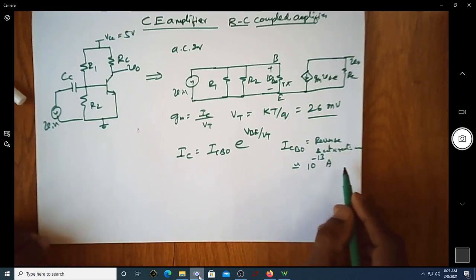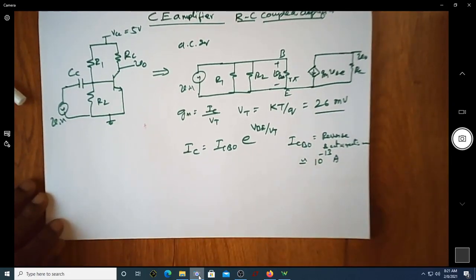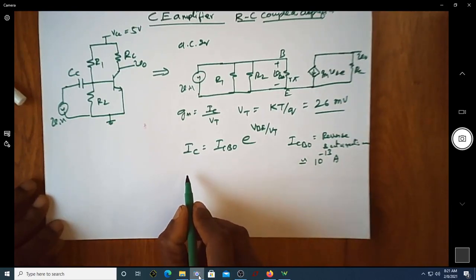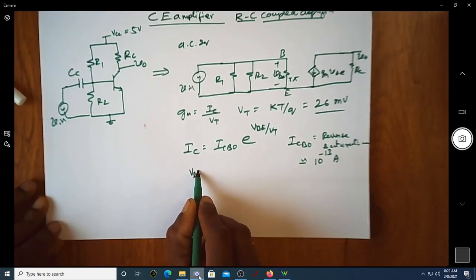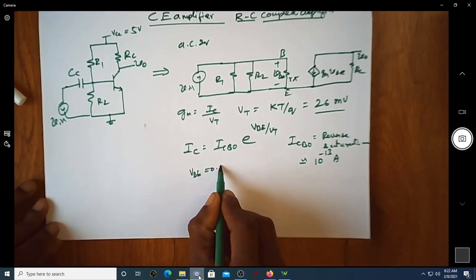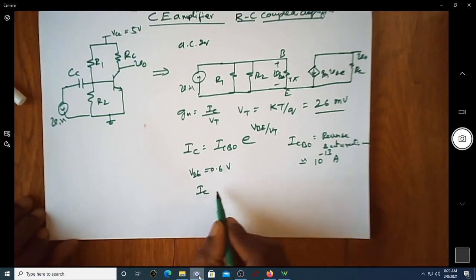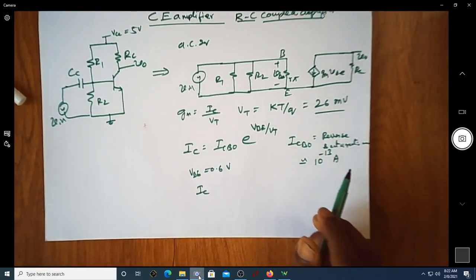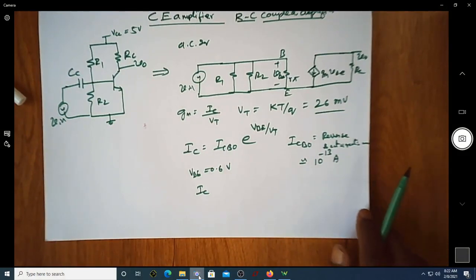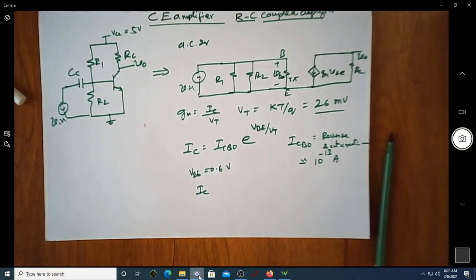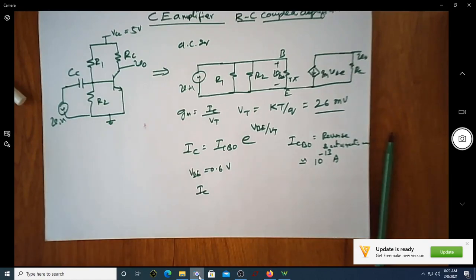Suppose the value of VBE happens to be 0.7 or 0.6 volt, we can certainly find out the value of IC, assuming a value of ICBO equal to 1 into 10 power minus 13. So let me try to find out the value of IC with the assumption that VT is equal to 26 millivolt and VBE is equal to 600 millivolt.